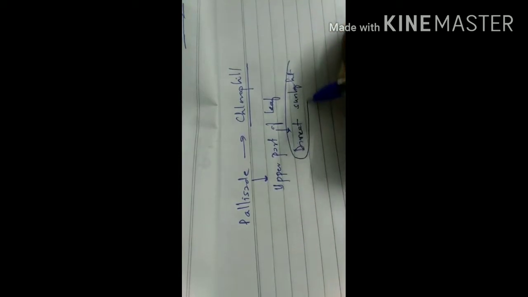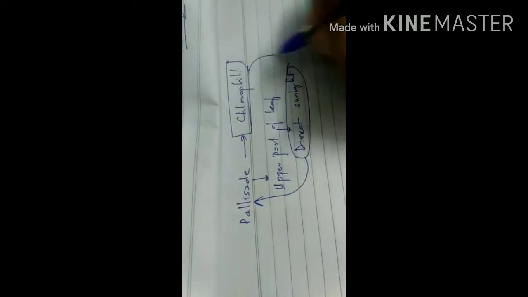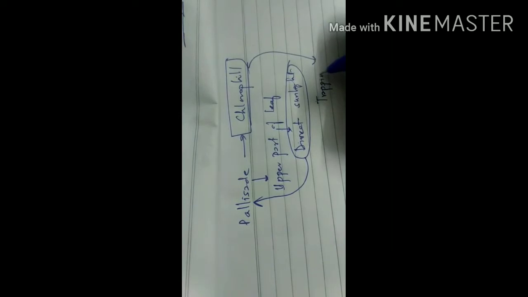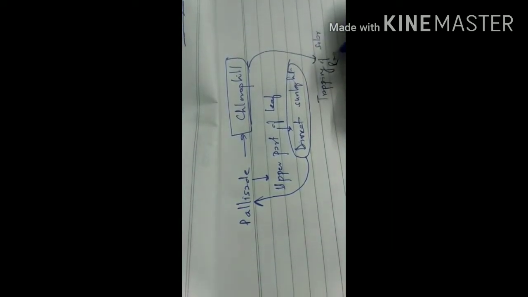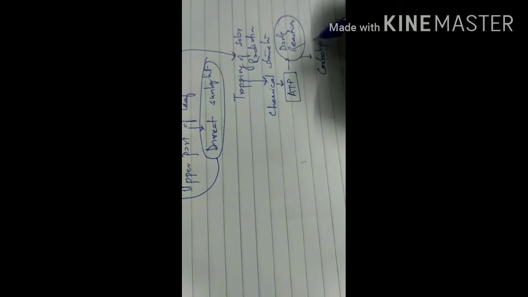When the sunlight falls on the palisade layer where chlorophyll is present, this chlorophyll helps in trapping solar radiation, and this solar radiation is converted into a chemical structure known as ATP, adenosine triphosphate, which is utilized in the dark reaction for the formation of carbohydrate, as we already discussed.